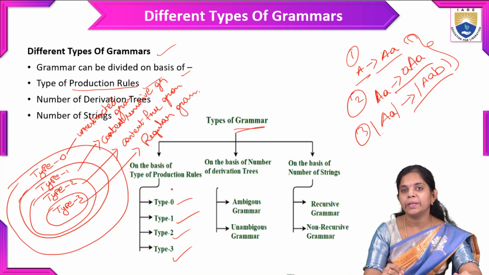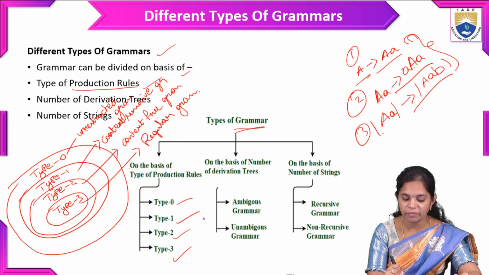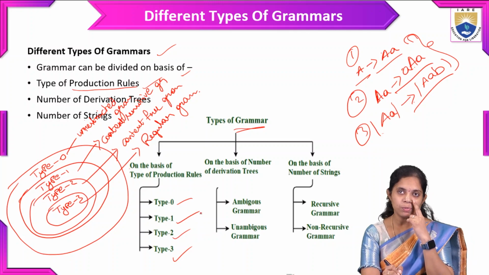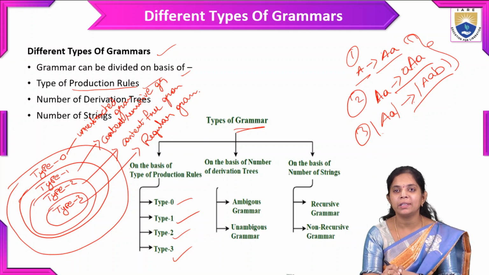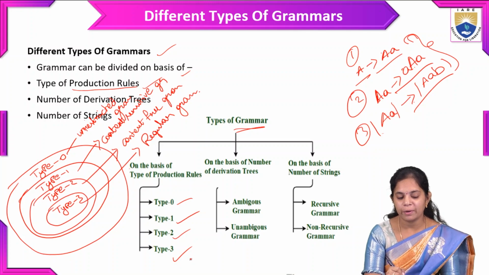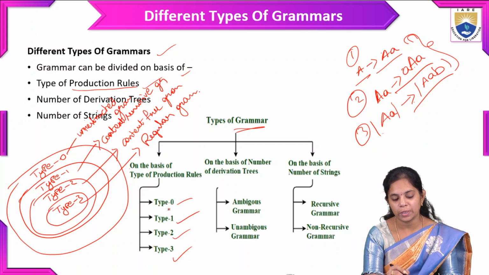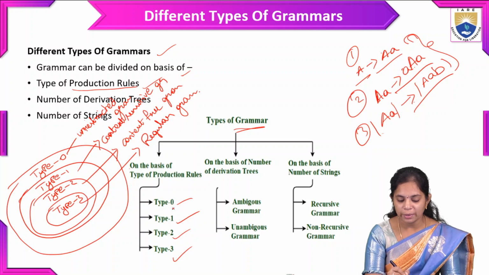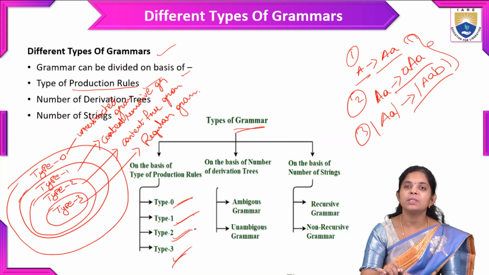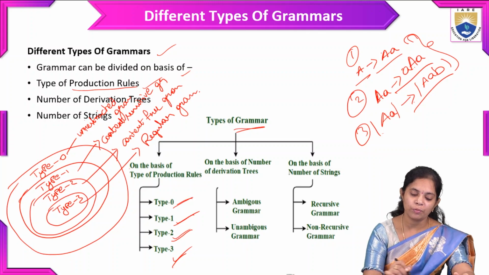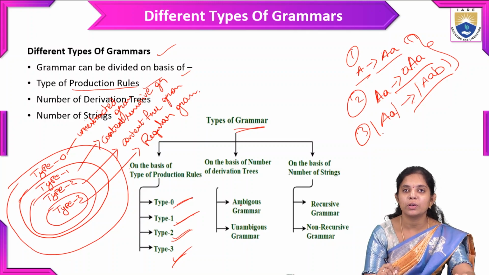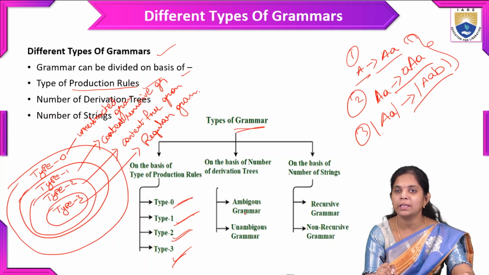Based on the types of production rules, we can divide the grammar into four types: type 0, type 1, type 2 and type 3. These types of grammars we already discussed in the Chomsky hierarchy.